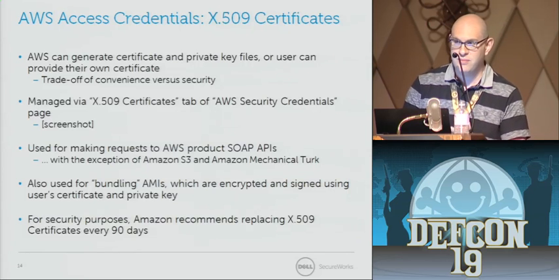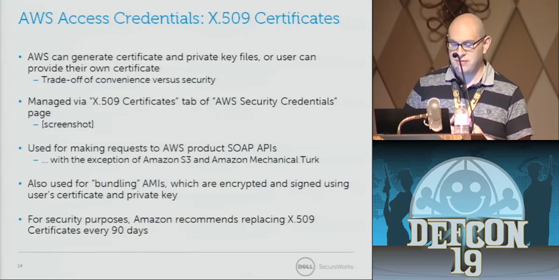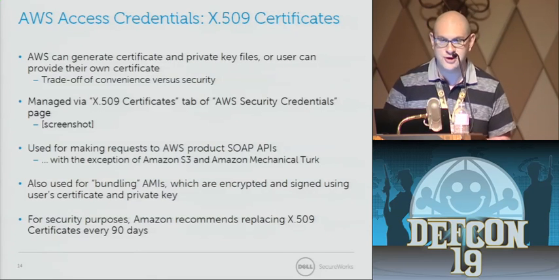Another important credential is X509 certificates. So in many parts of Amazon Web Services, you use a certificate and private key to access or to sign your images, to bundle images. These are, again, managed through Amazon's Web Services console, but you also can do some of this with APIs. You can generate your own certificate or private key, or you can provide your own certificate. This is sort of a trade-off of convenience versus security.